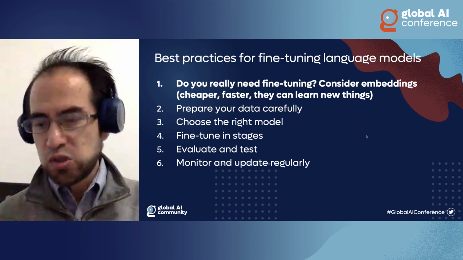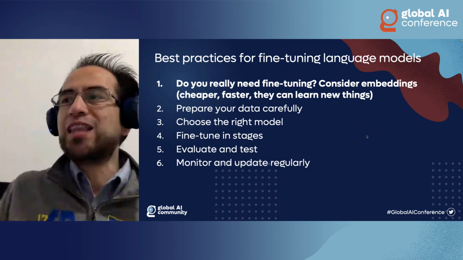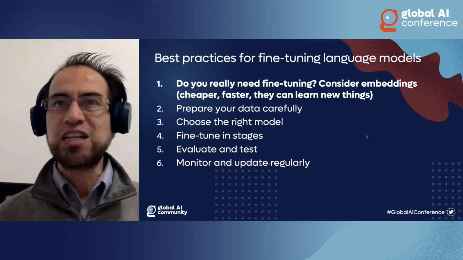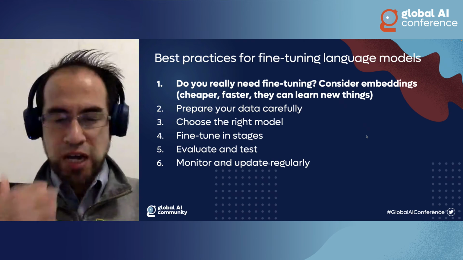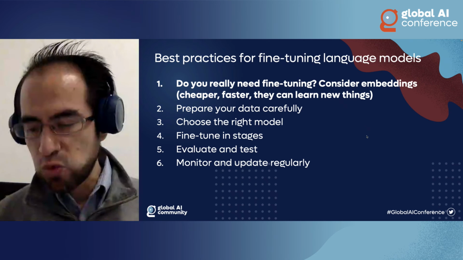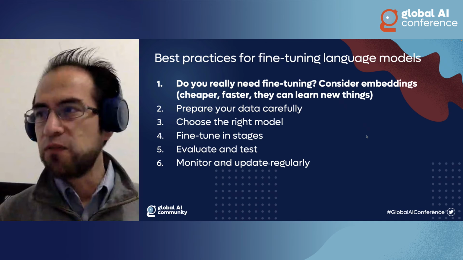If you are going to choose this way, don't bring your 1 million data. Bring some stages, some partial data, maybe 100 or 1,000 documents. Then you can improve and see the behavior. Maybe you do not need to bring all these 1 million examples, only a small portion of it.